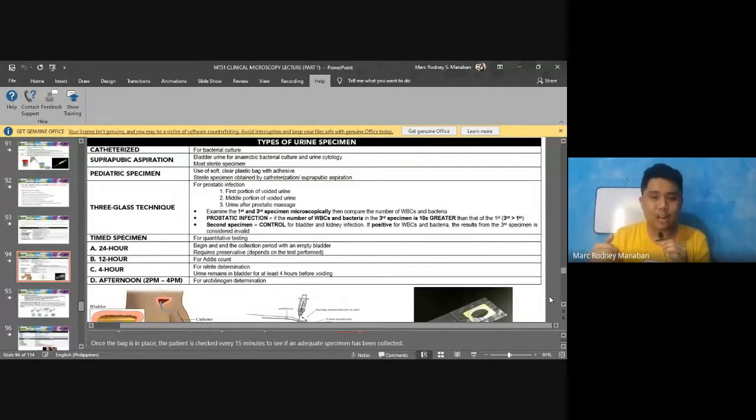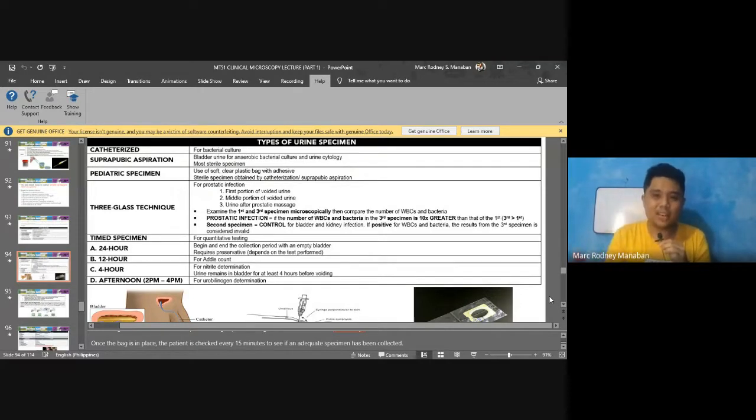But if the second specimen has more WBCs, then it means a bladder or kidney infection. Remember that the midstream clean catch represents the kidneys or bladder, because the first stream of urine flushes away the urethral normal flora and contaminants. That's why the midstream represents kidney and bladder infections.